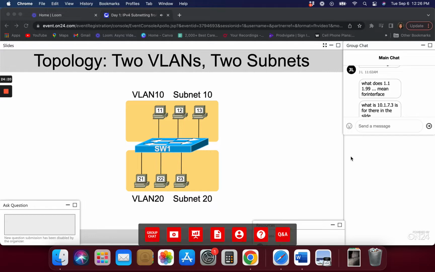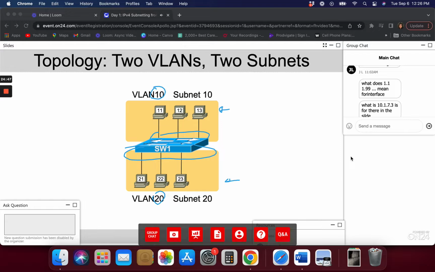Whereas if I took a LAN switch and configured the top 3 ports to be in VLAN 10 and the bottom 3 ports to be in VLAN 20, that's 2 VLANs. Then for the IP configuration, I'm going to choose addresses in one subnet that I've labeled subnet 10 on the top and addresses in a second subnet that I've labeled subnet 20 on the bottom. 2 different subnets.